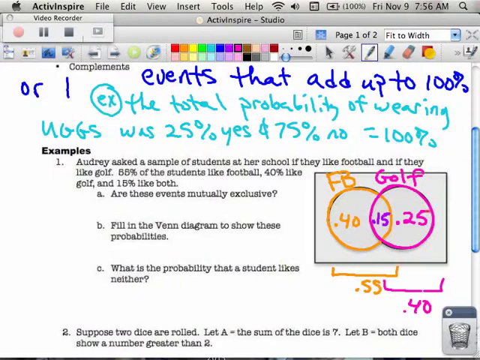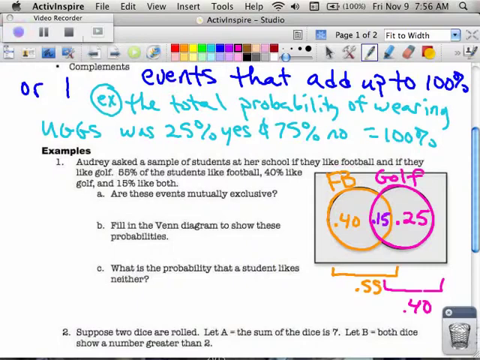So if you're looking at the Venn diagram, what you'll notice is that the numbers all match up. So 55% are inside the orange circle, 40% are inside the pink circle, but 15% overlap because they like both. If we were to add up these numbers, 25 and 15 is 40, 40 and 40 is 80, that leaves some left over.